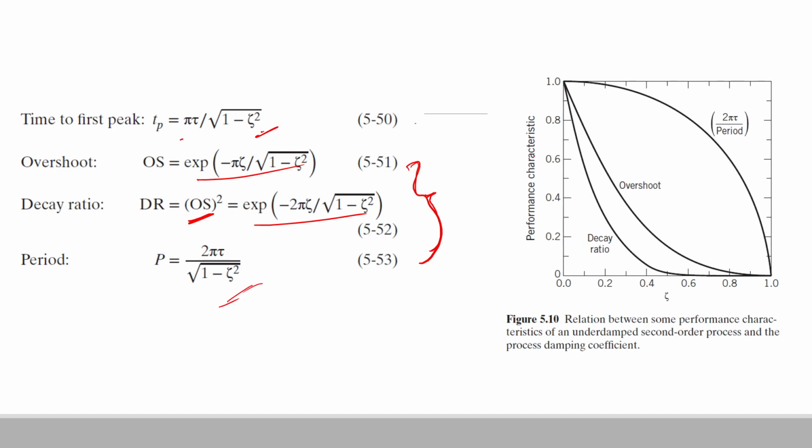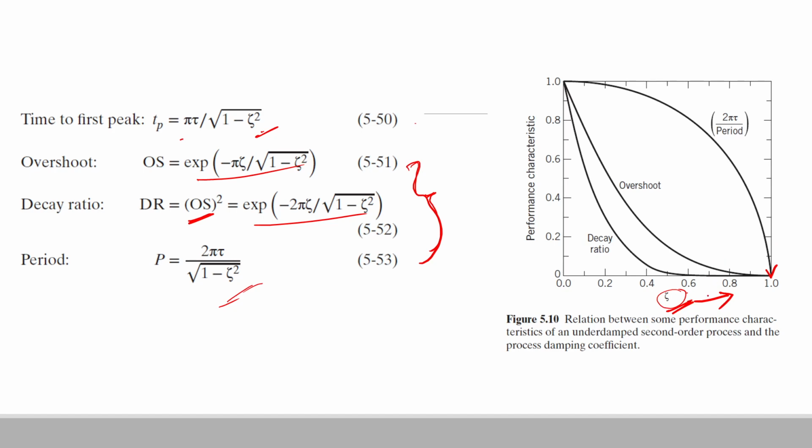Then over here we have the relationship between different performance characteristics, that is overshoot ratio, decay ratio, time period, with respect to the damping coefficient, that is zeta. So if we keep on increasing the zeta, the time period of the system will decrease, that is time between two successive peaks or the bottoms will keep on decreasing as we increase the damping coefficient.